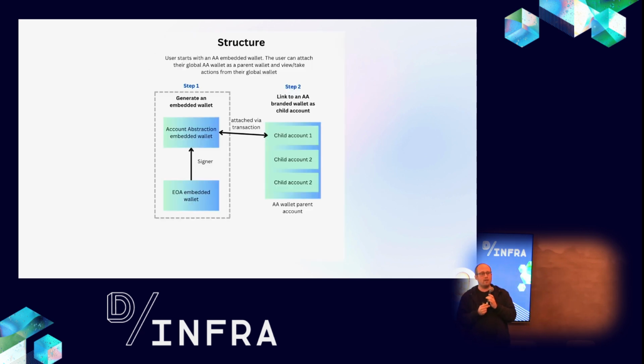And what you can do here is this really interesting concept of child accounts. What we're seeing is the ability for you to spin up email social login, spin up an EOA layer, spin up an account abstraction layer for that specific siloed app. But then that account abstraction layer, that wallet that you spun up for that use case, you can link it as a child, potentially, to a branded account abstraction wallet.